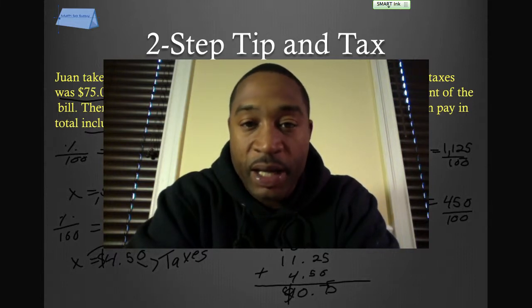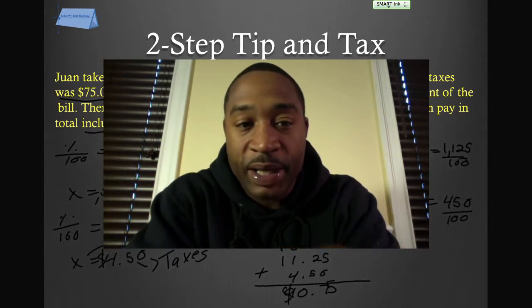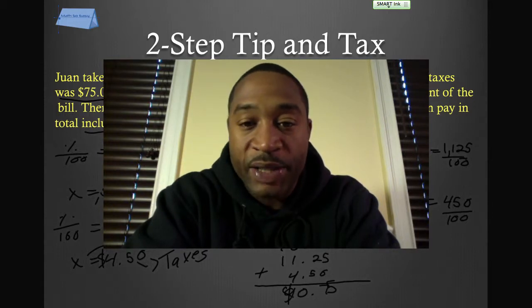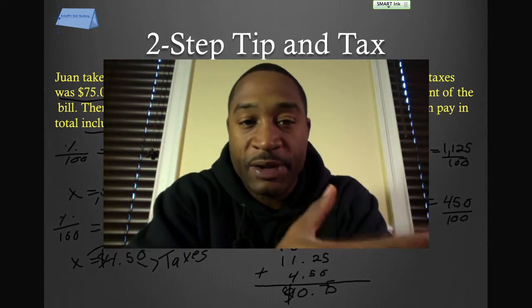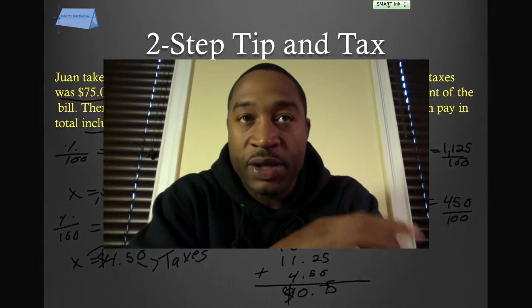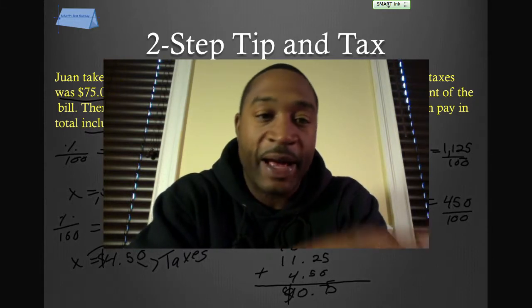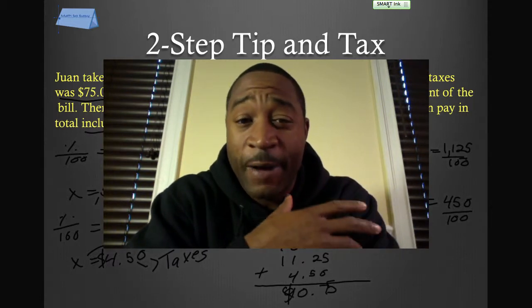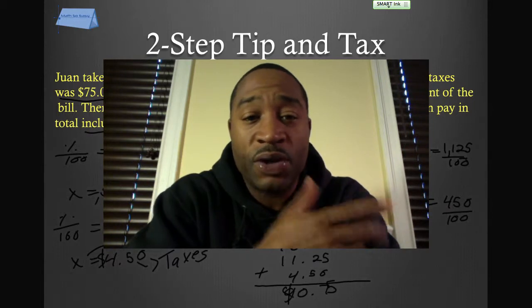I'd rather you do everything one step at a time because then you know the value for each thing separately. And this is not one of the ones where we're getting two discounts and we have to find a sales price first and then use that as our new price to find the additional discount off. This is not one of these problems, okay? So you really have to pay attention to what setup you're using.